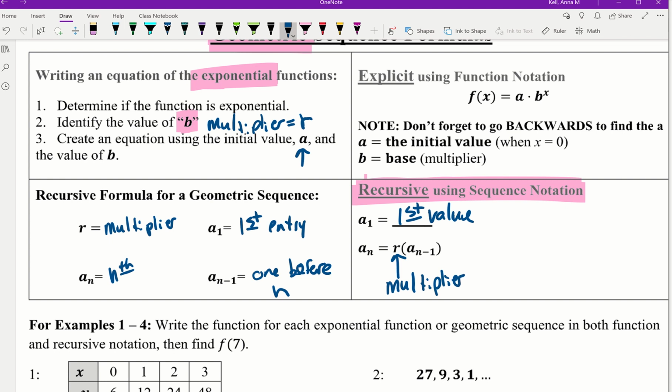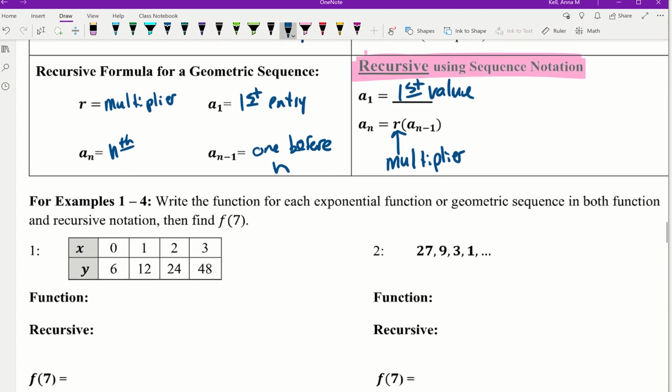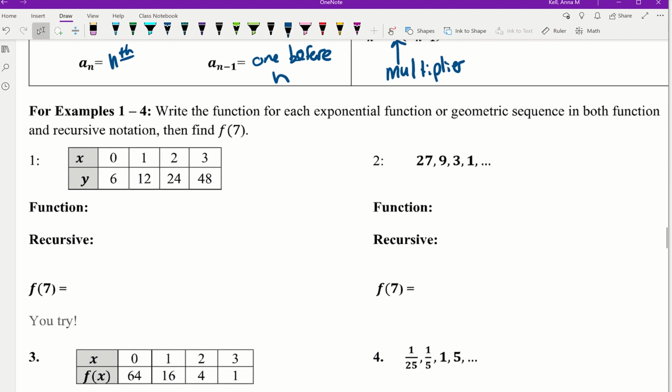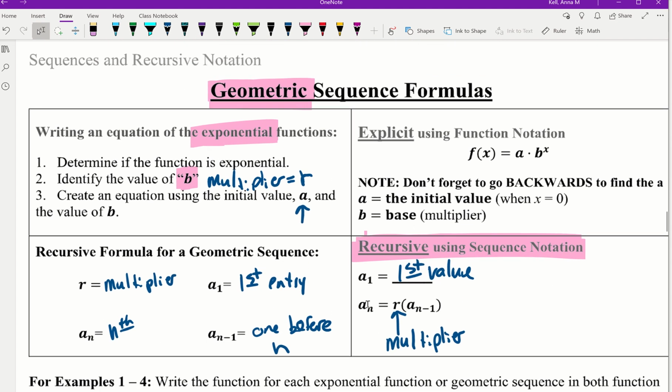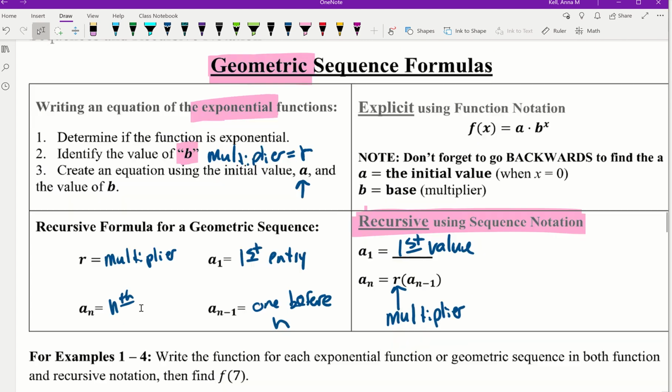So we're going to write the function for each exponential function or geometric sequence in both function and recursive notation. We are going to just put it in recursive notation.